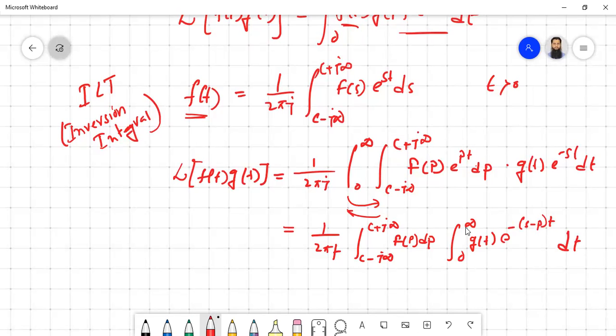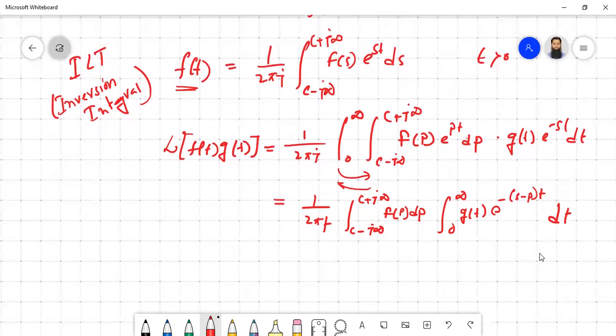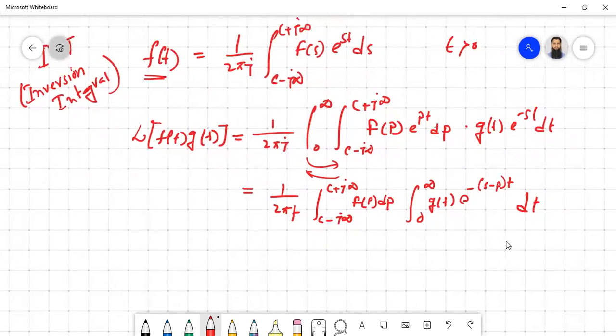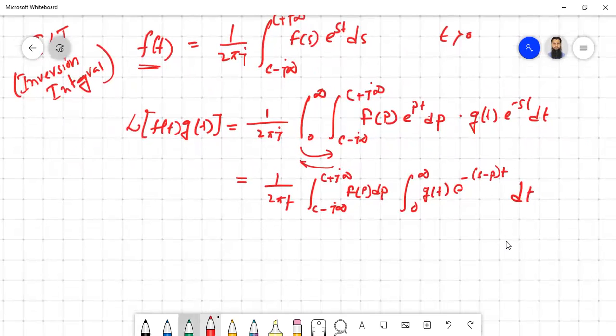Now, this second portion is nothing but a Laplace transformation formula. The only thing is that in the Laplace transformation formula you have e to the minus st, whereas here you have e to the minus (s minus p)t. So if it was e to the minus st, the Laplace transformation would have been G(s).